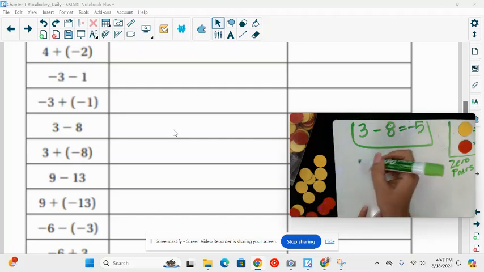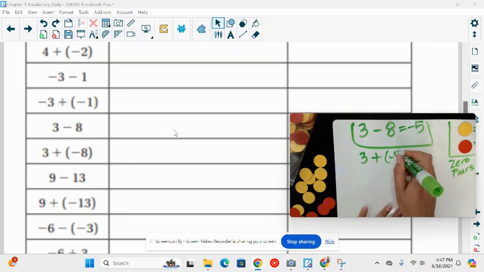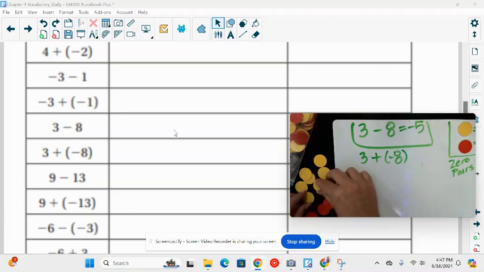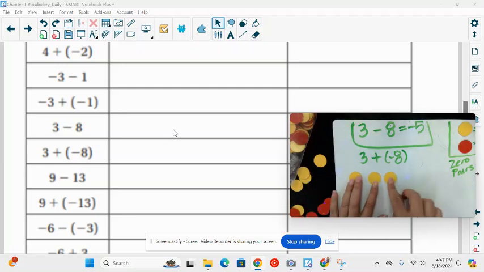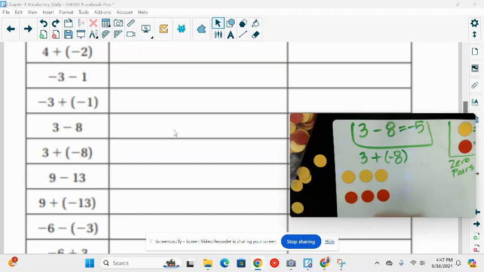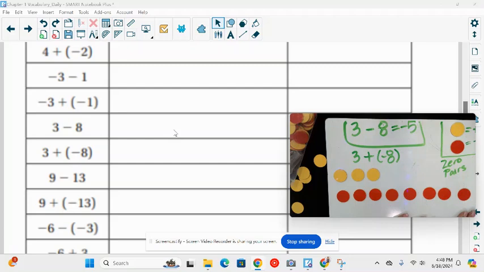Our next one, instead of subtracting 8, we're adding negative 8. And we're going to see what the answer gets here. So I've got my 1, 2, 3 positives, and I'm adding 8 negatives. 1, 2, 3, 4, 5, 6, 7, 8 negatives.